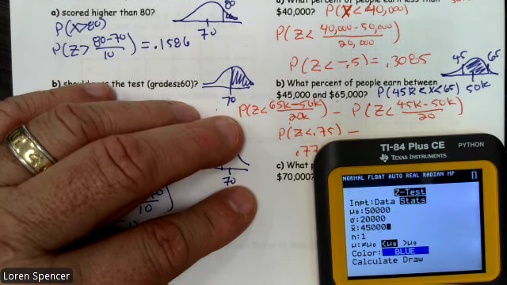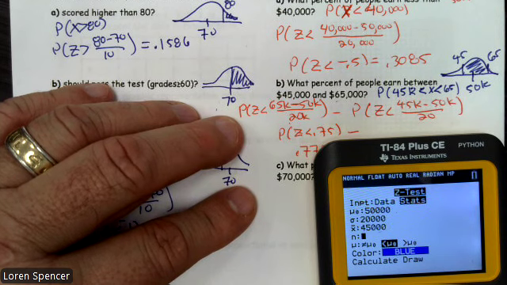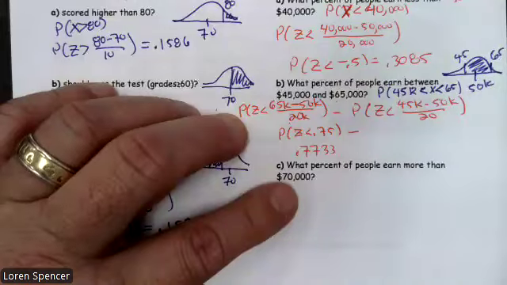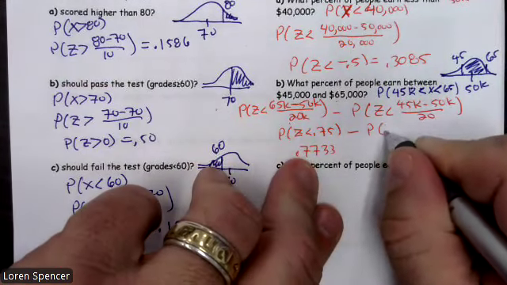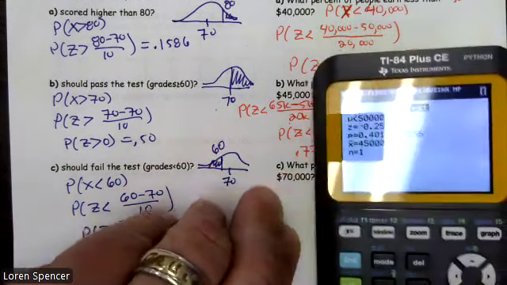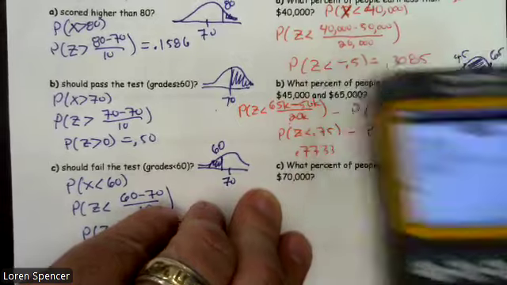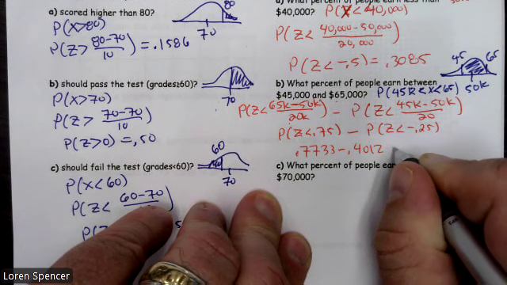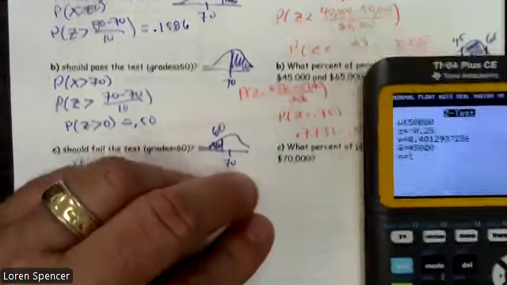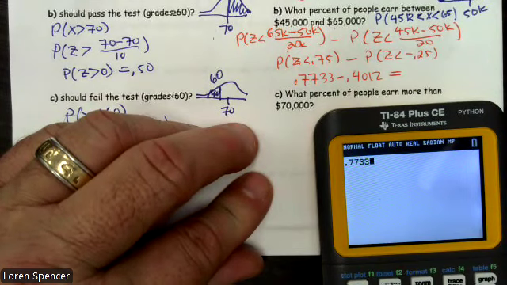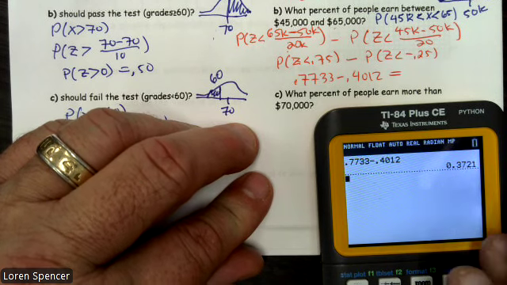X is 45,000. And I get a negative 0.25, so the probability that Z is less than negative 0.25 is 0.4012. And if I subtract those two values, 0.7733 minus the 0.4012, I end up getting 0.3721.